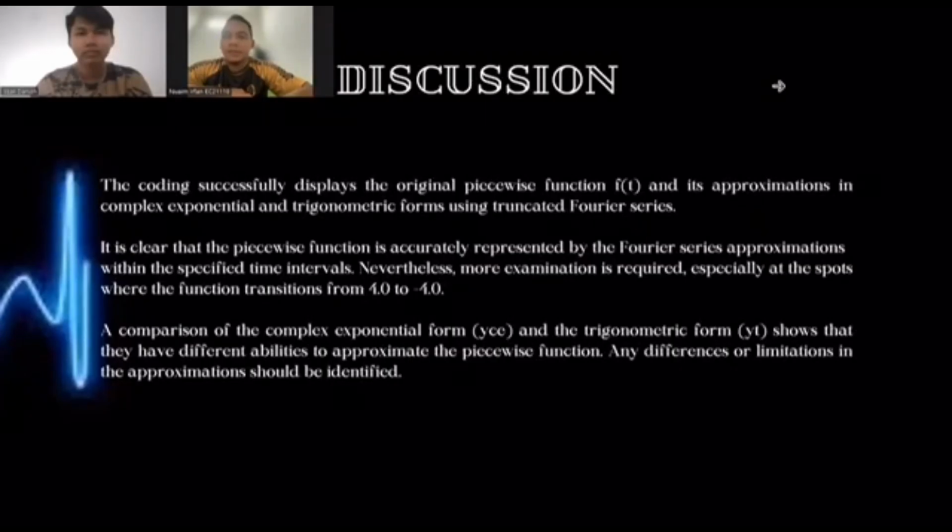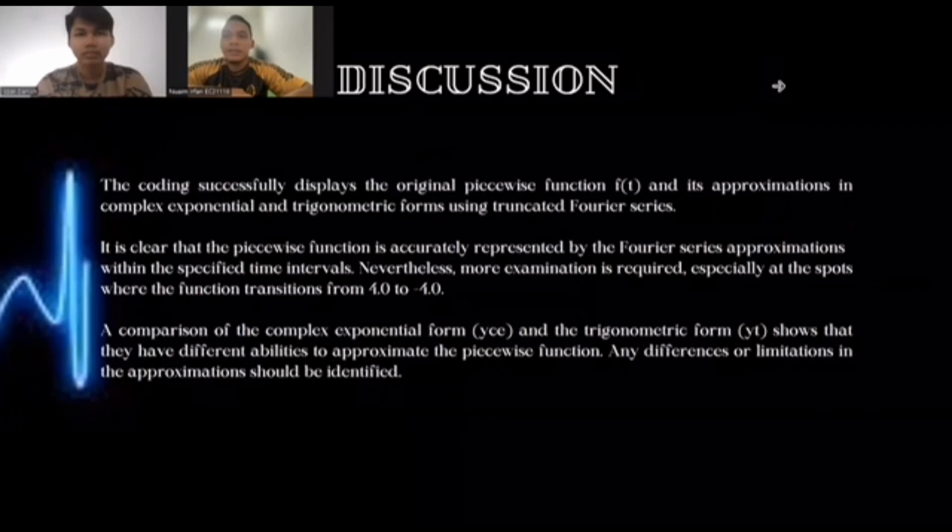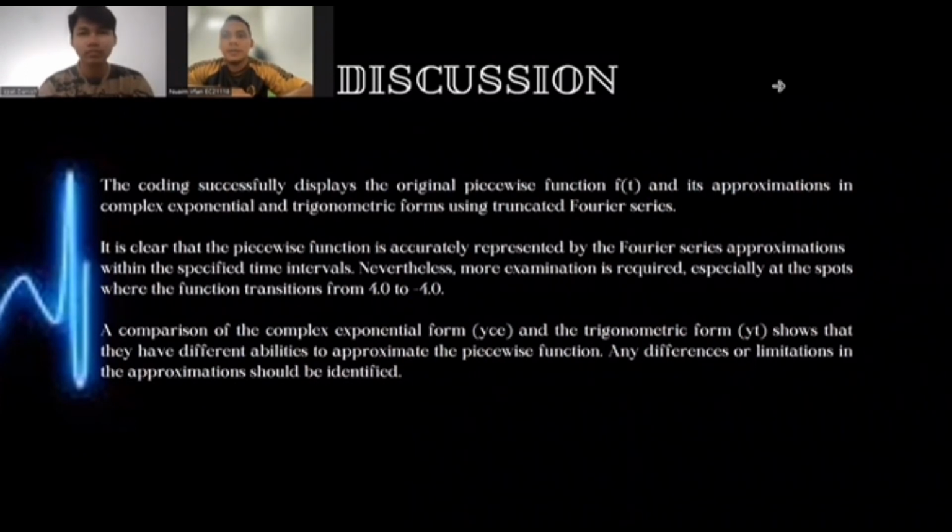My name is Amir Famrin Alisha. My ID number is EC21118. I will explain our discussion. For this, the code successfully displays the original piecewise function f(t) and its approximation in complex exponential and trigonometric form using truncated Fourier series. It is clear that the piecewise function is accurately represented by the Fourier series approximation within the specified time interval.